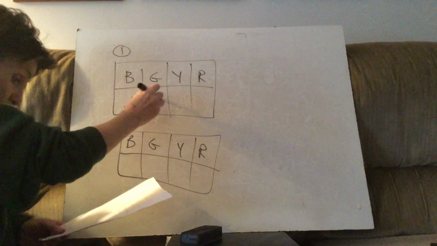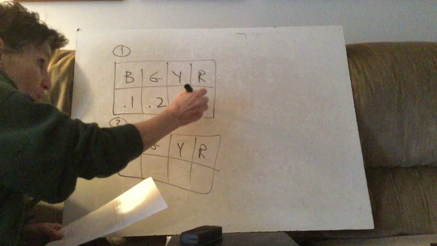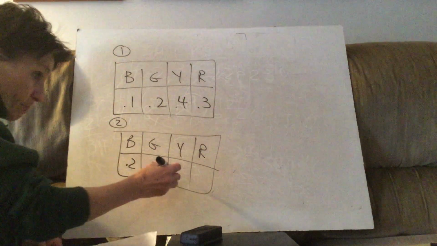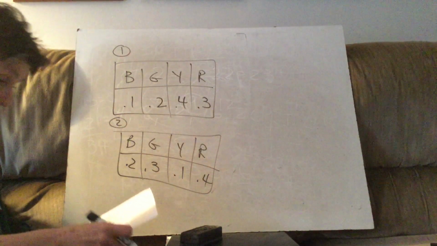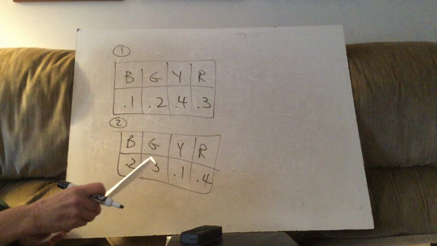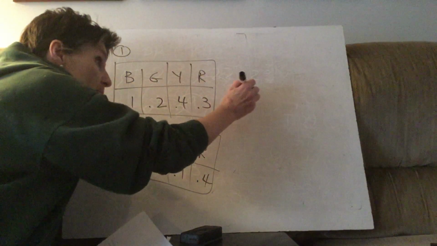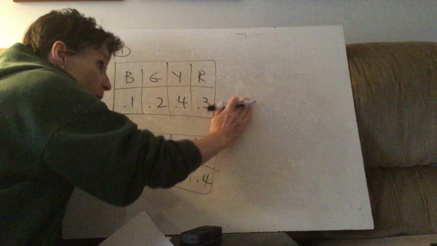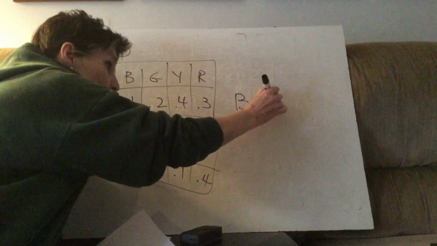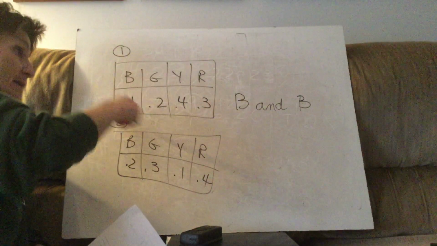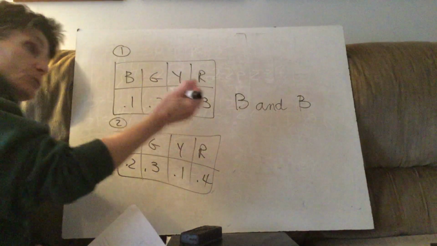And point 1, point 2, point 4, point 3, point 2, point 3, point 1, point 4. And we are going to pick one from each bag and get both blue. So in other words, we want to get blue and blue. So reach in and grab one out of here. What's the probability it'll be blue?